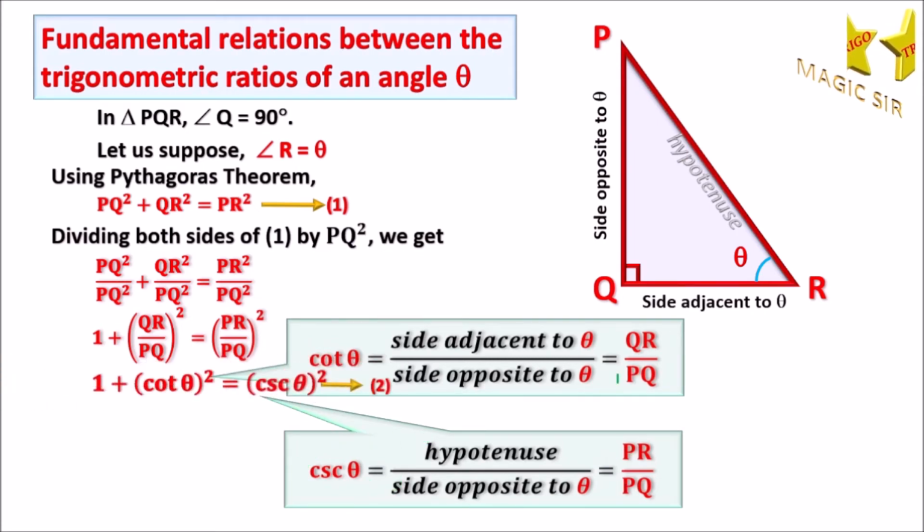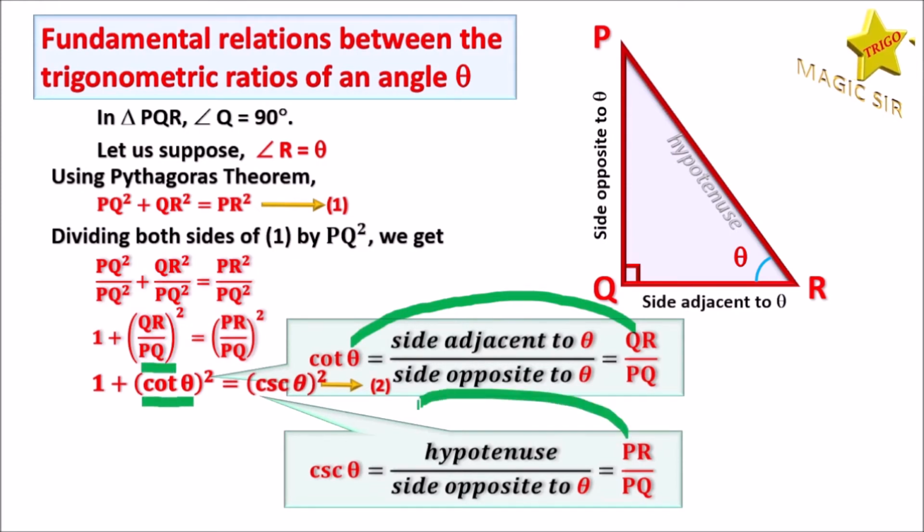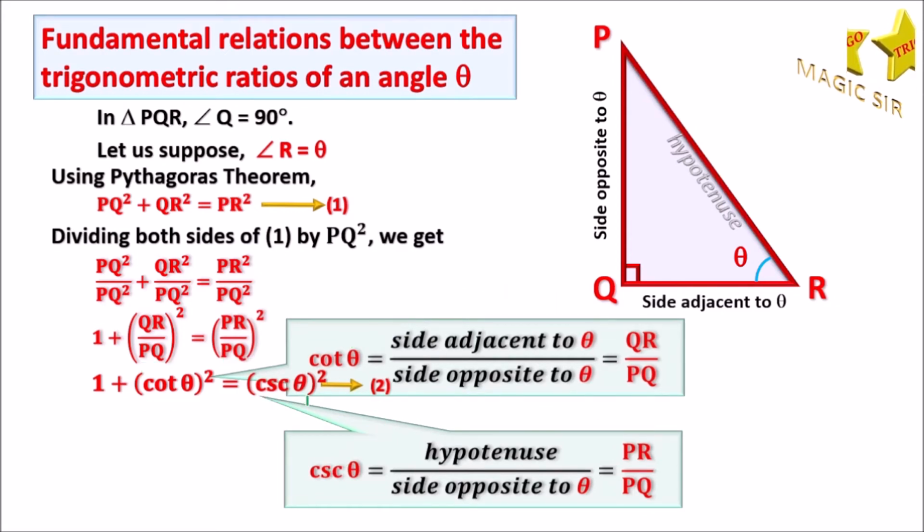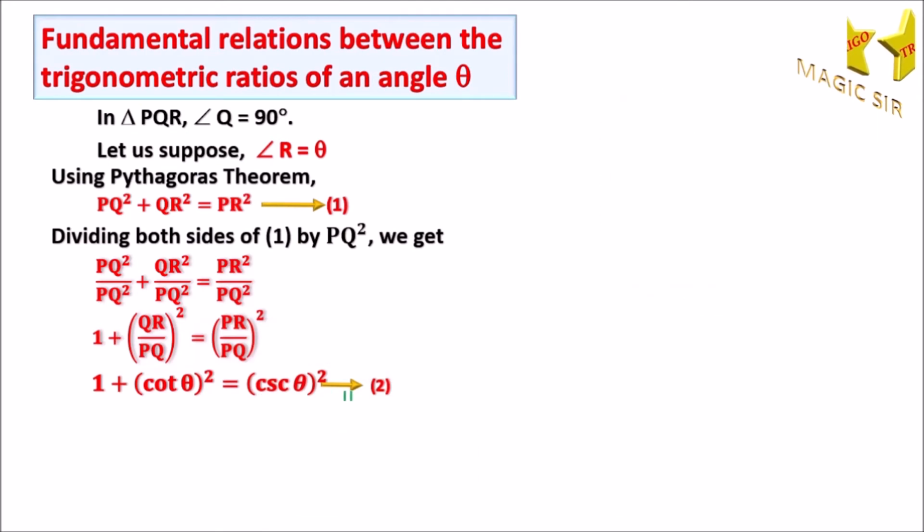So we can write QR upon PQ is equal to cot theta and PR upon PQ is equal to cosec theta. Therefore, 1 plus cot theta whole square is equal to cosec theta whole square. This is our second equation.